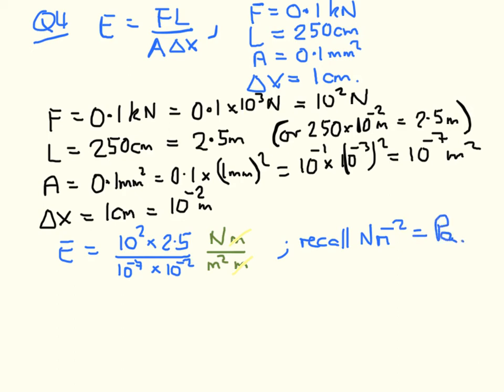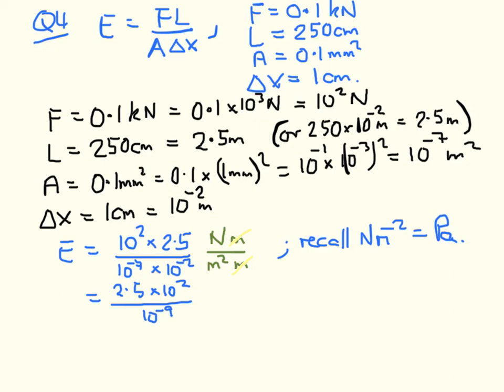So all we need to do now is tidy up our answer here, and what we're going to find is that E is equal to 2.5 times 10 to the 2 divided by 10 to the minus 9, because we just add these powers together, and minus 7 plus minus 2 is overall minus 9.